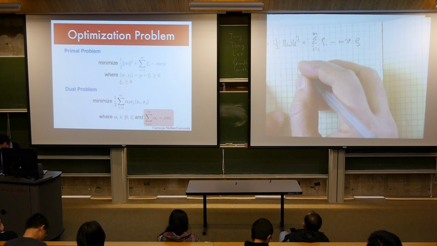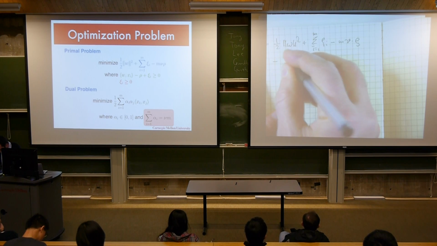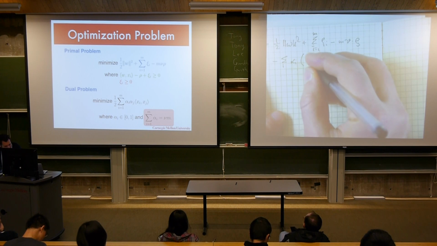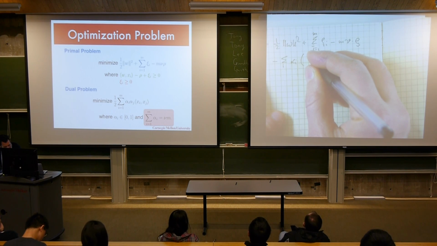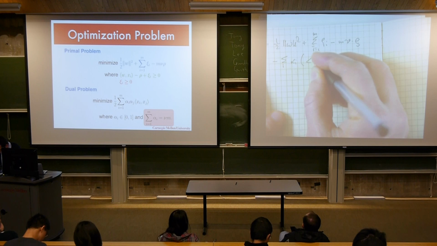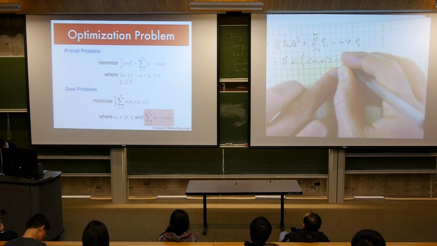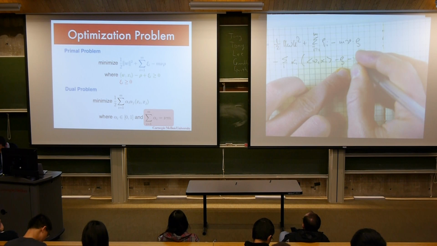And then we have, in addition to that, minus sum over i alpha i, here we have w dot xi minus rho plus psi i.